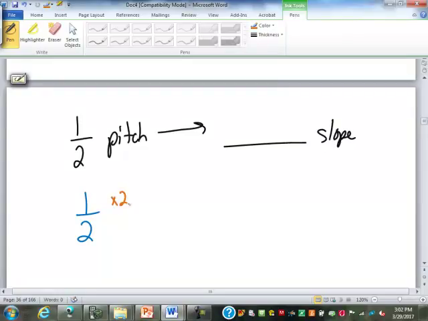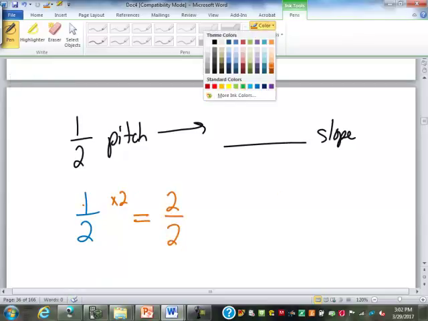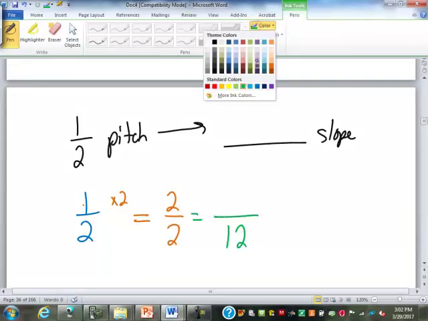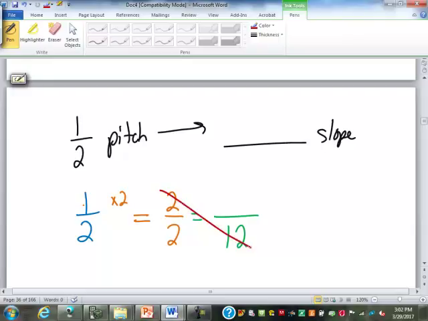So I'm going to multiply that numerator by 2, which is going to give me what? 2 over 2. Very good. Then we figure out what that has to be over 12. Well, we'll cross multiply and divide. 2 times 12 divided by 2 is 12. So that is a 12/12 slope.